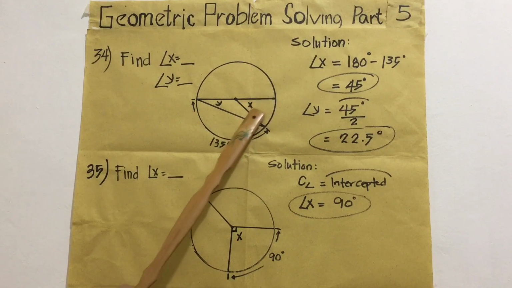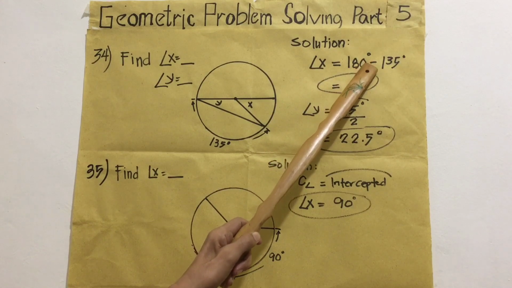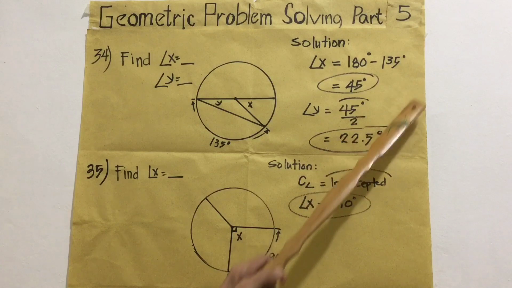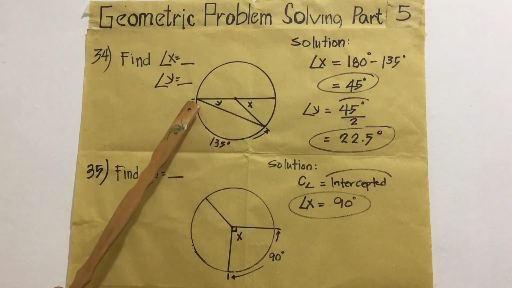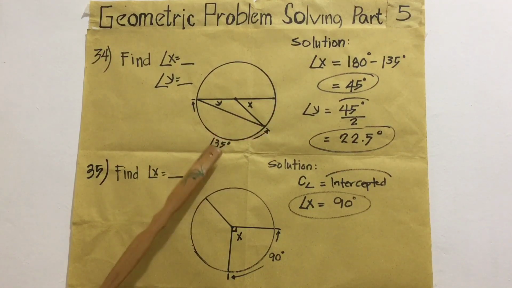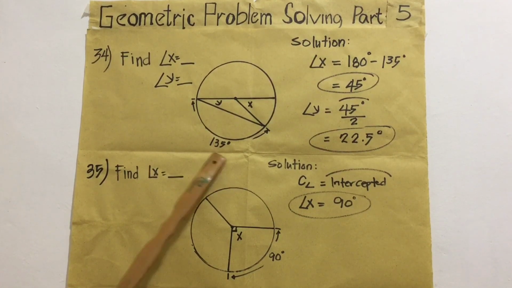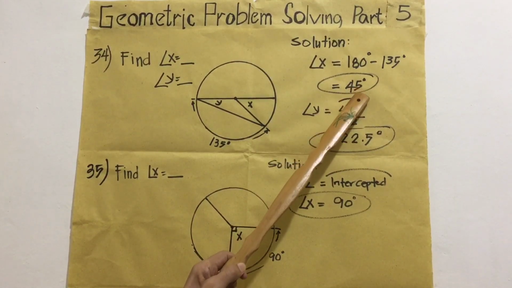So our central angle is angle x equals 180 degrees minus 135, because the given is 135 degrees and the semicircle here is equivalent to 180 degrees. That's why we need to minus 135 and the difference is 45 degrees.